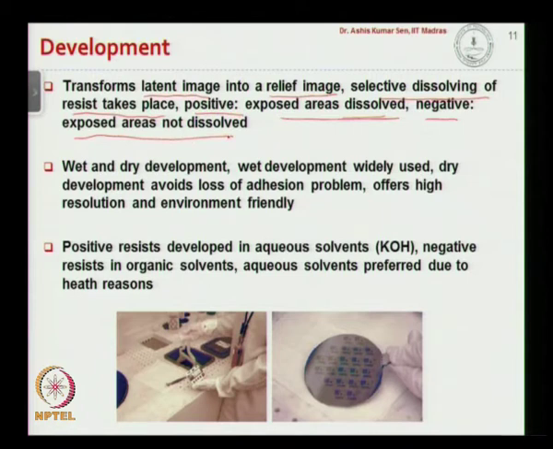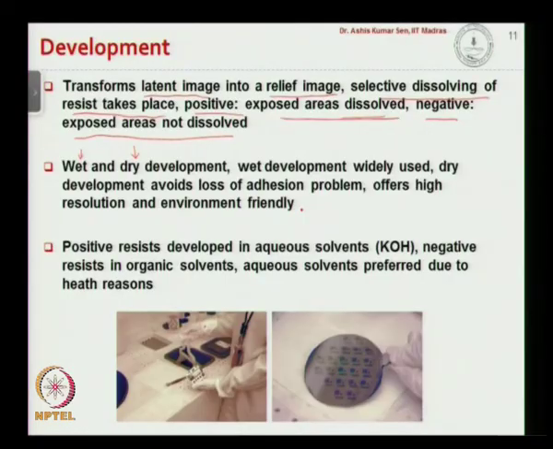So there are two techniques mainly to do development. There is wet development and dry development. Wet development is widely used including academia. However, wet development has got limitations. One is there may be a case where the liquid developer tries to penetrate at the bottom of the photoresist.